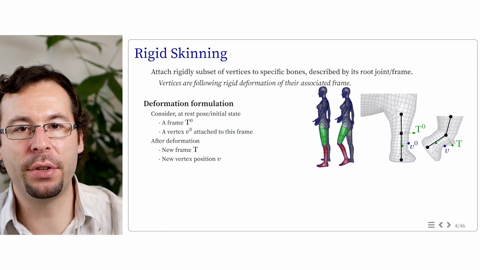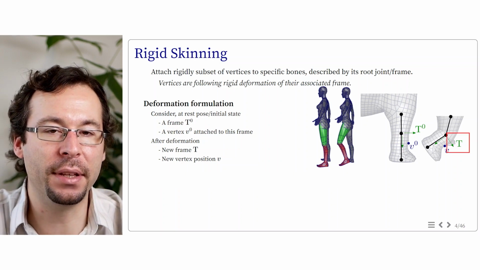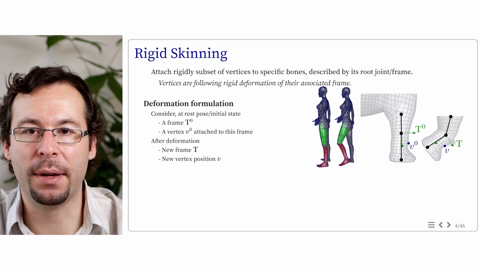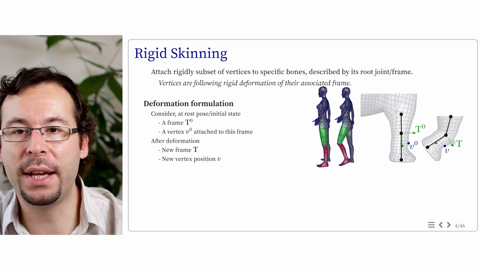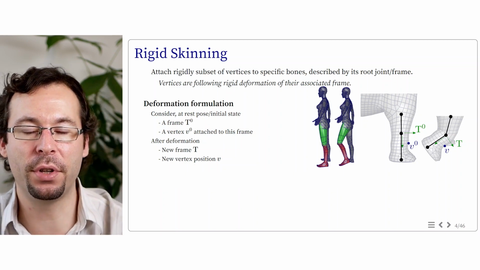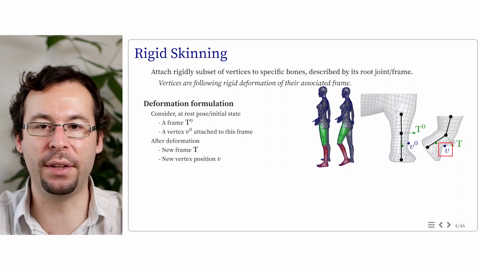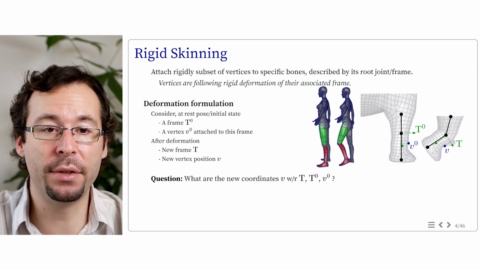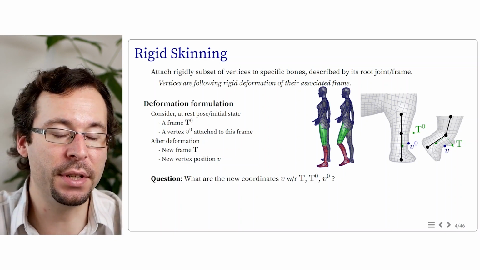During the animation, the joint undergoes some transformation and ends up as a new frame T. This new frame can also be represented as a 4x4 matrix, and this matrix is the coordinates of the unit vectors of this joint and its position with respect to the global frame. And the deformed vertex position of the skin has coordinates V. So now the question is, how can I express the new coordinates V with respect to T, T0, and V0?